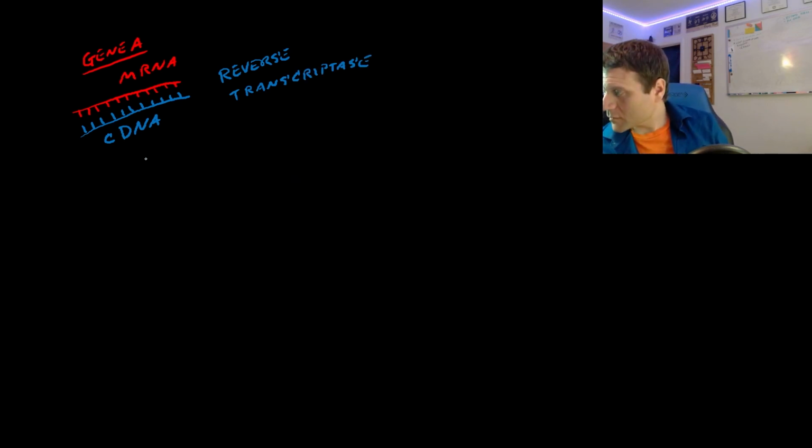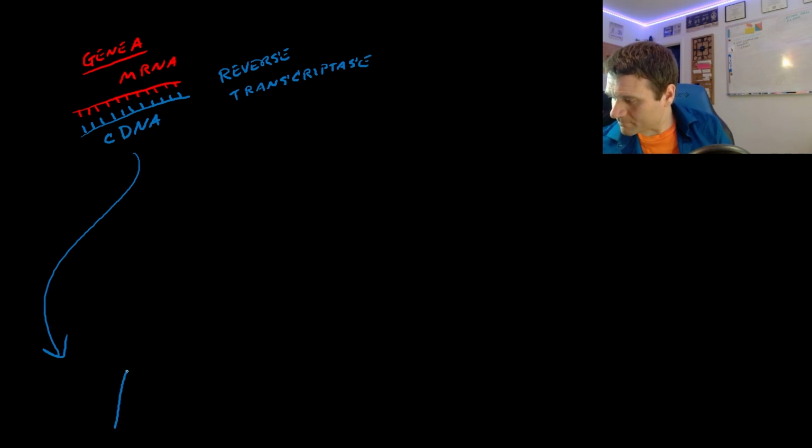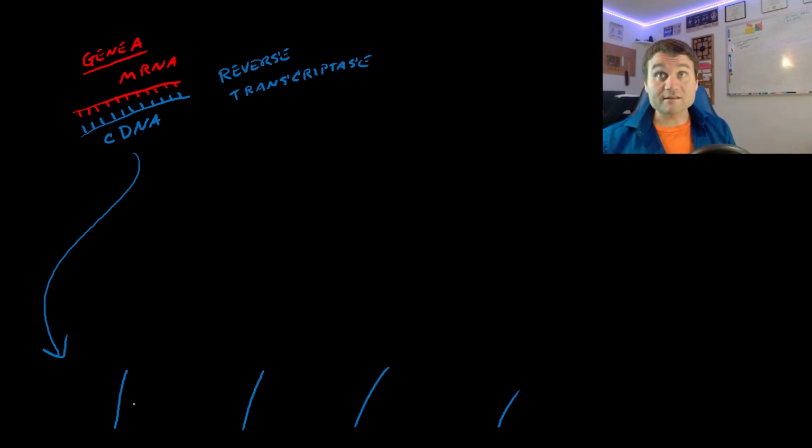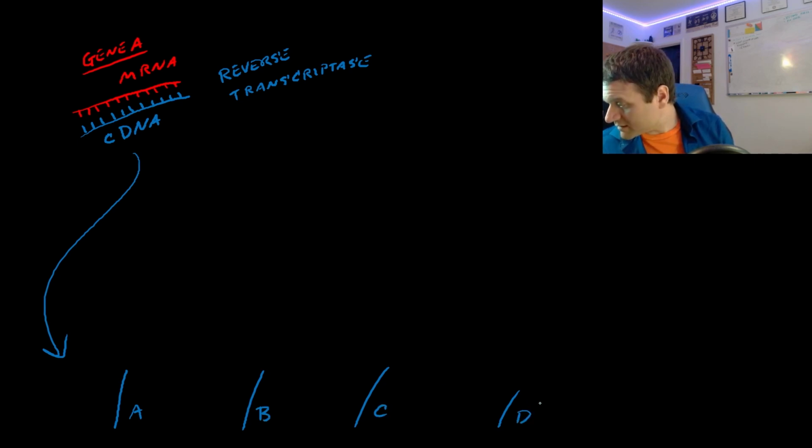Now, we're going to take our cDNA and attach it to a glass plate. This is the cDNA for genes A, B, C, and D. To each of these complementary DNA sections, I'm going to attach a fluorescent tag.